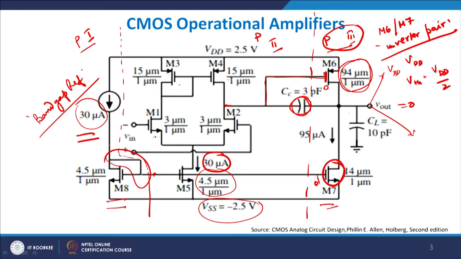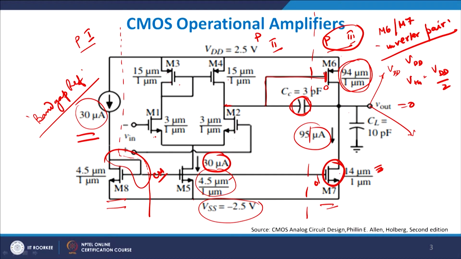This is your current mirroring action here, and as a result you have 30 microampere here and approximately the same here, but you see here it is approximately 2.5 times or 3, so this is 4.5 and this is 14, right, and therefore you expect to see a large increase in the current here, and that is the reason you see this to be equal to 90 microampere.